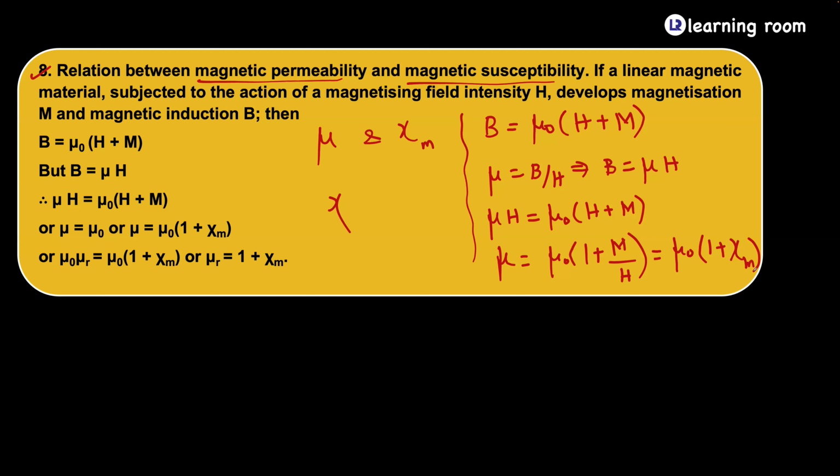If you rearrange the equation, mu divided by mu naught is equal to 1 plus chi m. And mu divided by mu naught is what is called relative permeability. So relative permeability is equal to 1 plus chi m. Is the point clear?